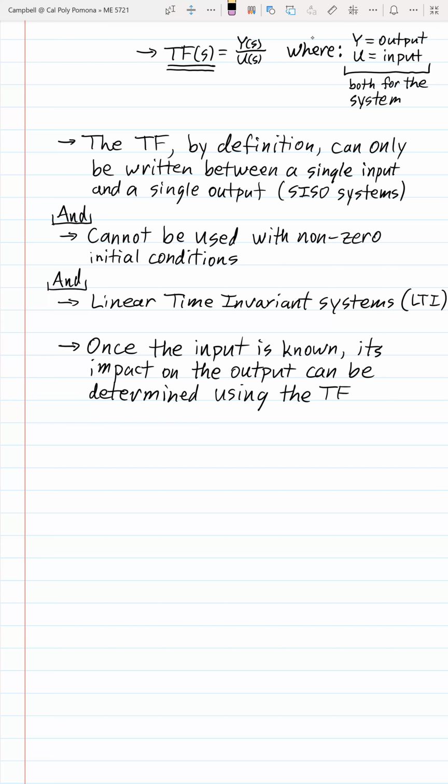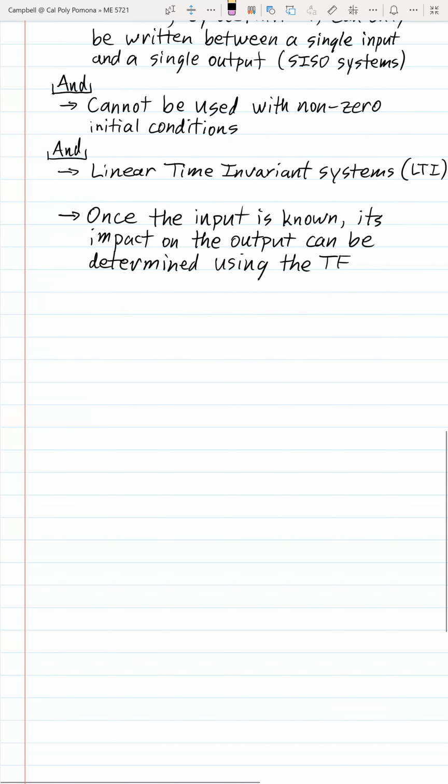So that gives you a little bit of a reminder, because some of those specifics are easily forgotten, such as LTI systems, non-zero initial conditions, SISO. That's typically emphasized in a classical controls class, but sometimes it's easy to forget.